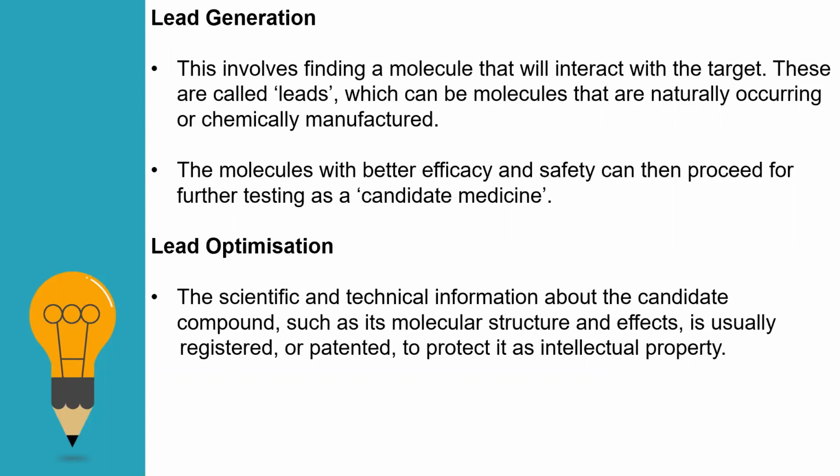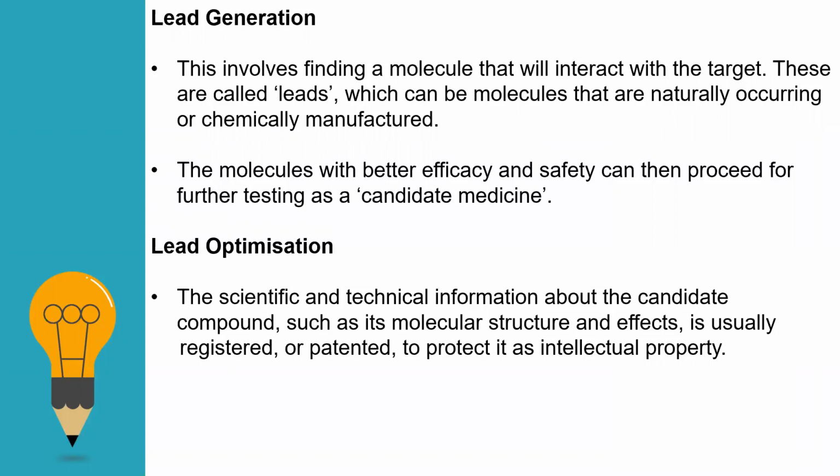Testing of these leads is called the screening process. This lead usually has a weak effect. So different procedures are carried out to enhance the effectiveness of the drug, and then they are tested again for efficacy. Whichever molecule passes the test is called the candidate medicine. So that is the lead generation.